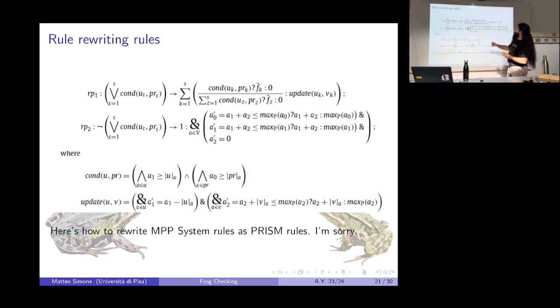These are rule rewriting rules. So these were included in the paper of Professor Milazzo and Barbuti. It looks rough, really rough. I wasn't understanding how to translate the MPP system into a Prism model, because I really didn't want to read and understand these rules.